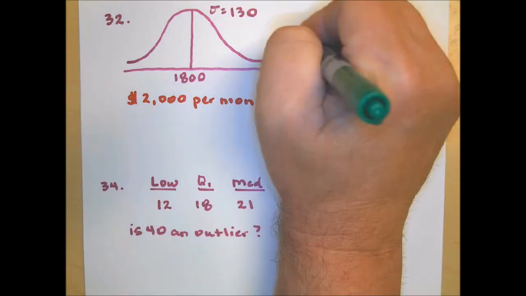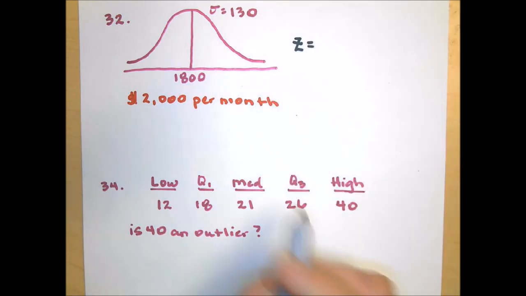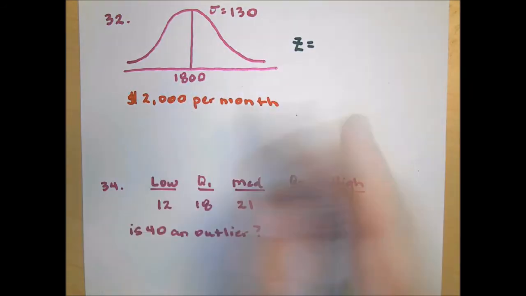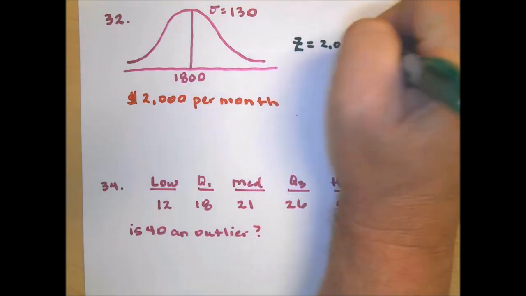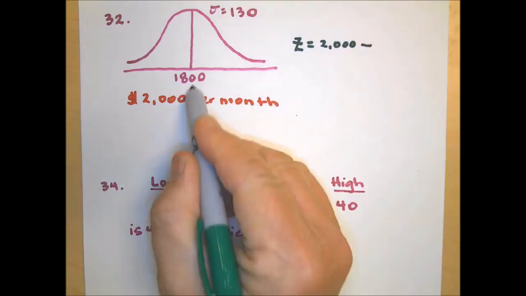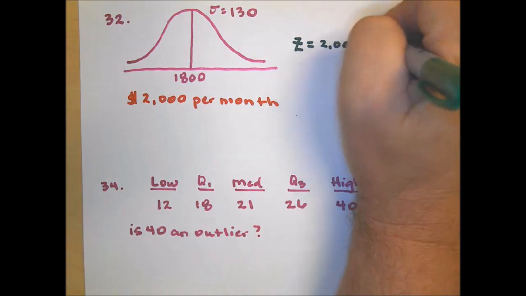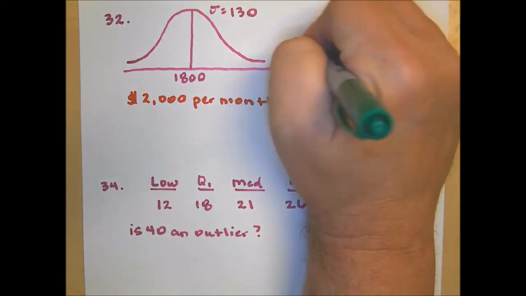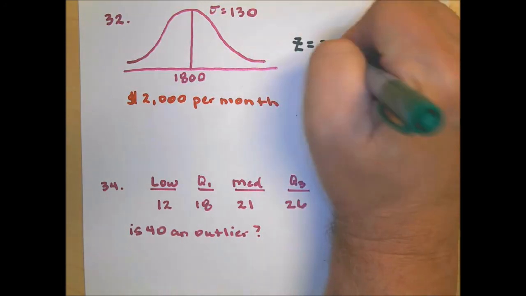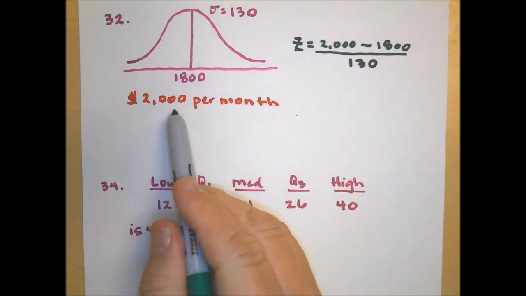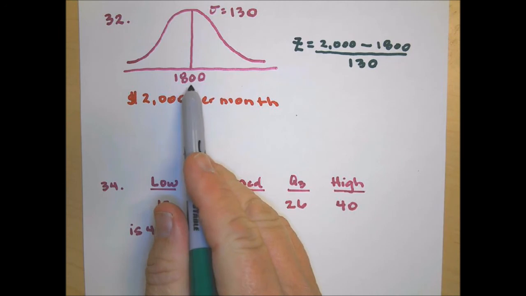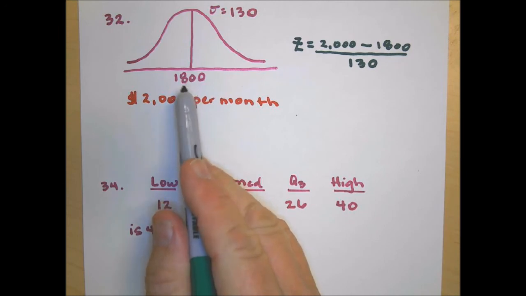So we're just going to follow the z-score formula. Z equals x, which in this case would be $2,000, minus the mean, which is 1,800, divided by the standard deviation of 130. We know for a fact your apartment is more than the average rent.